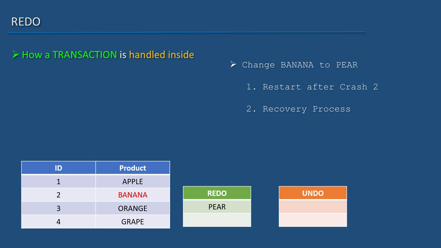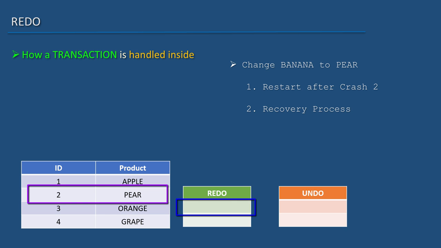After restarting the host, the database is also restarted. When the database is starting up, it checks every data for its validity. An internal mechanism finds out that this banana is an old value and replaces it with the new value from the redo section. And it will look like this.